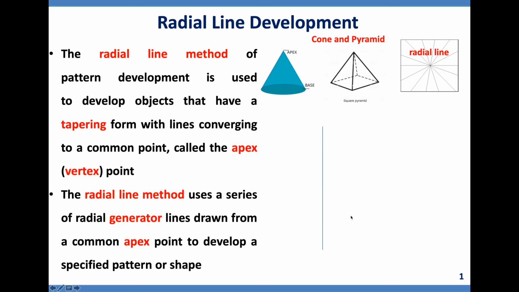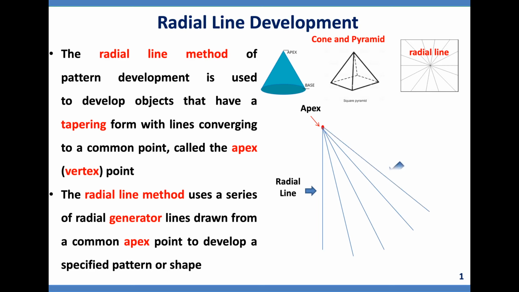I have taken a radial line and this is the apex point. From here, we draw more successive lines which are called generator lines. And then we have to join the boundary. This is how the development takes place.